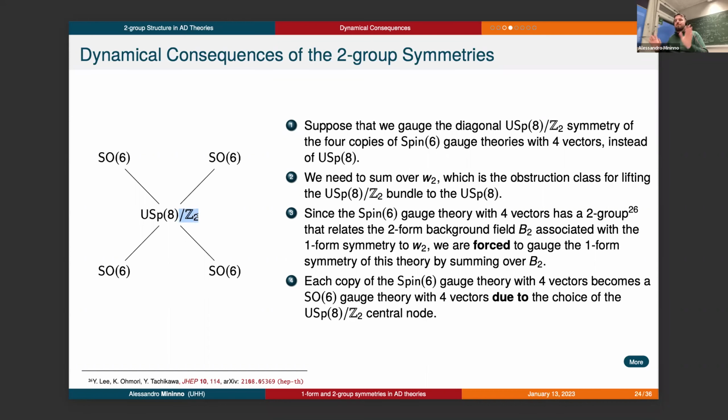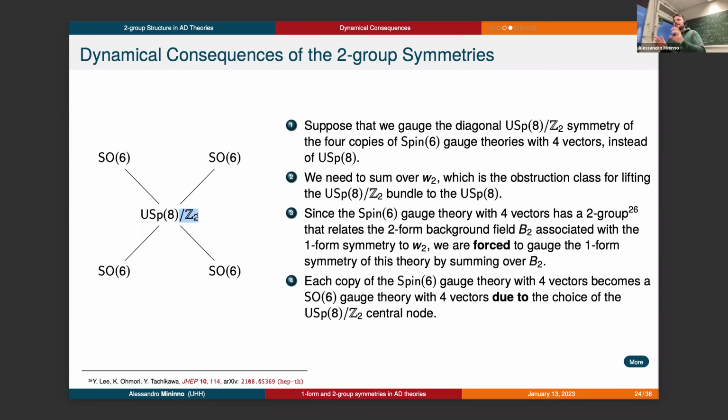Now, this theory is not conformal. We can repeat the same story in case we want a conformal theory, but the upshot is that the presence of a two-group structure fixes the kind of possibilities you can do with your theory.